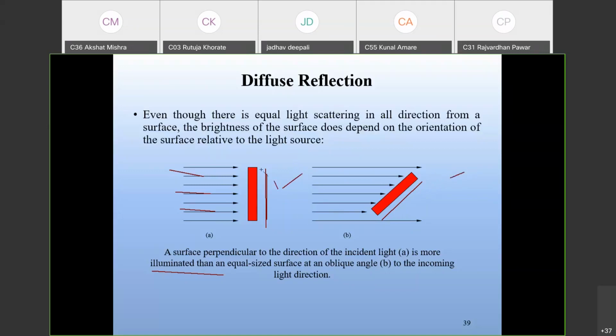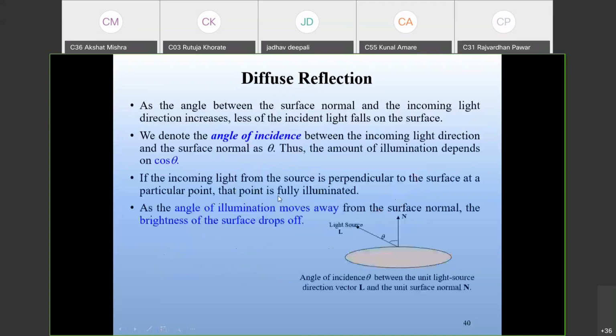Why? Because this is perpendicular to the incident light, while this is at an oblique angle to the incident light. Now the Lambert cosine law is used here to identify the intensity of the light.